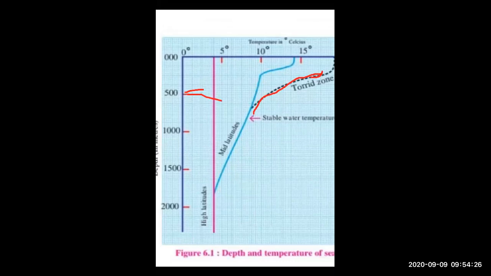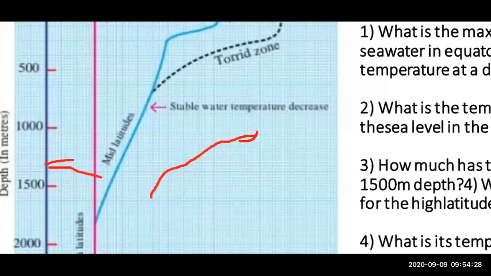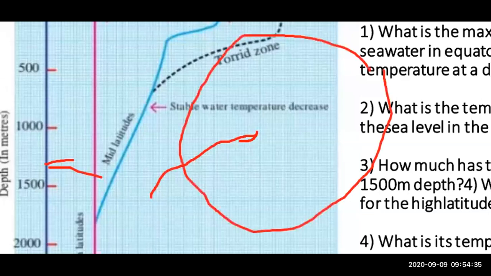Now, what is the exact meaning of torrid zone? I told you in the first lecture, in a previous lecture also. Here there is the earth, and in this earth there is an equatorial part. Then Tropic of Cancer, then Tropic of Capricorn, and below that Tropic of Capricorn, there is a torrid zone part.